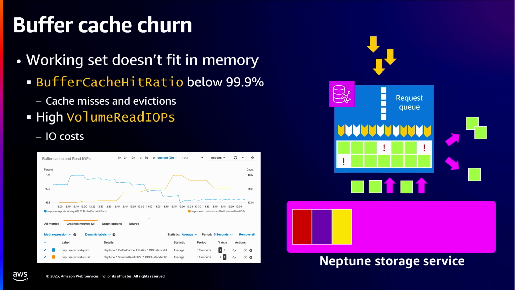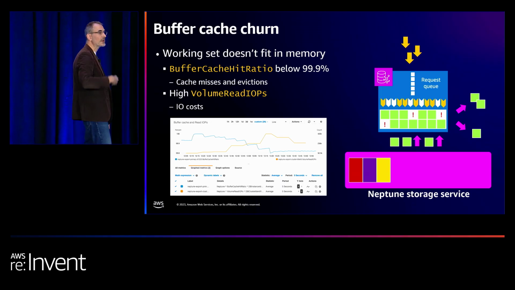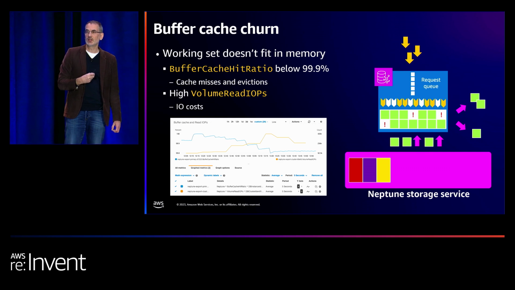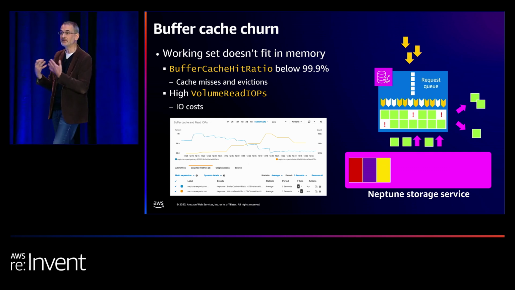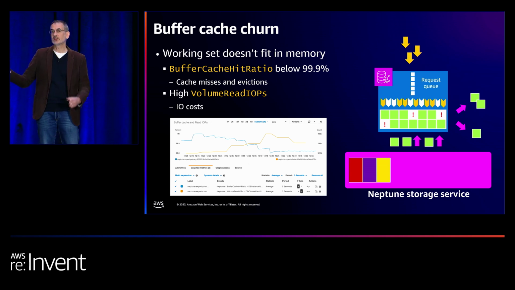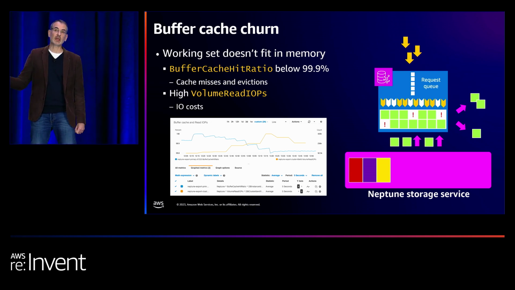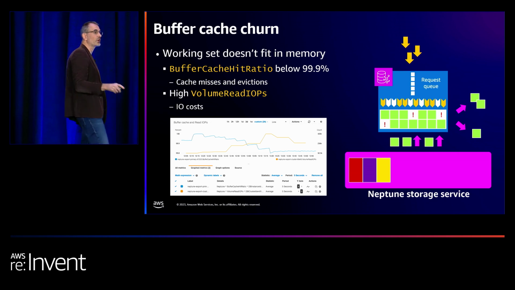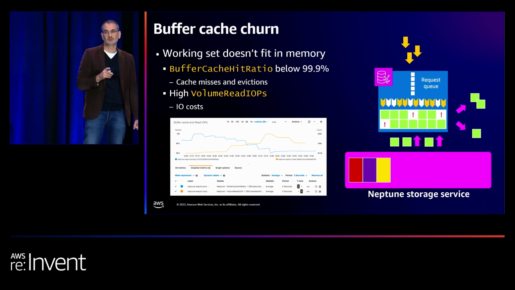But if it's not in memory, then Neptune is going to have to go down to that separate managed storage layer to retrieve one or more data pages, and it will bring them back into the buffer cache. But if that buffer cache is already full when those pages come back, then it's going to have to evict some of the least recently used pages in the cache. And at that point, you're going to be experiencing a lot of buffer cache churn.